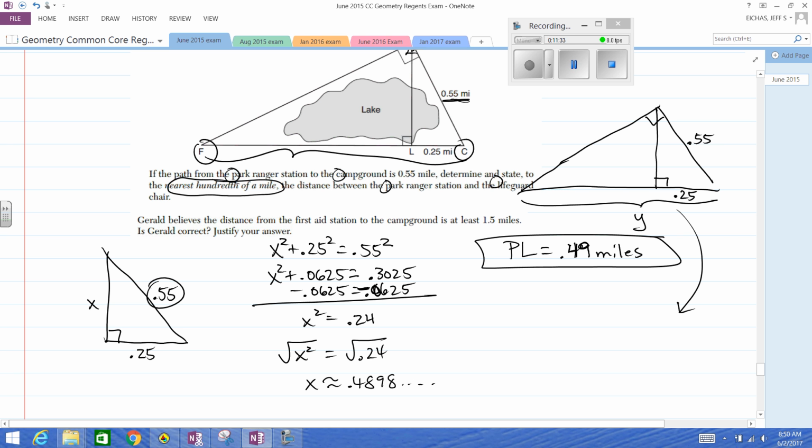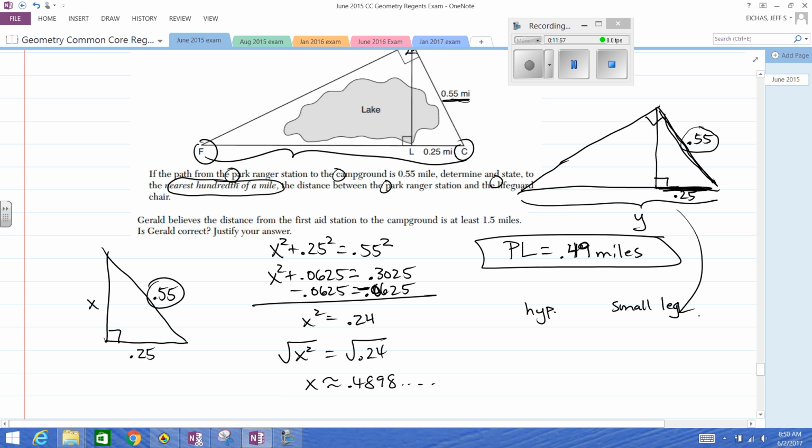This is the hypotenuse of the largest right triangle, and this is the hypotenuse of the smallest right triangle. Now, this is the smaller leg of the small triangle, and this is the smaller leg of the large triangle. So we can use that to our advantage.